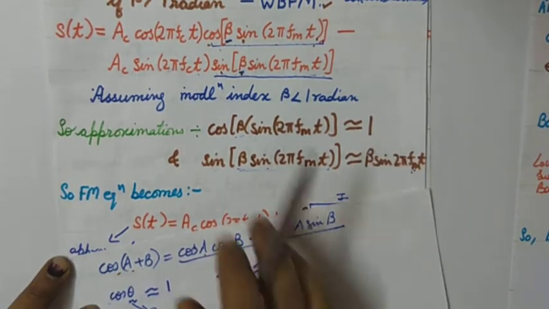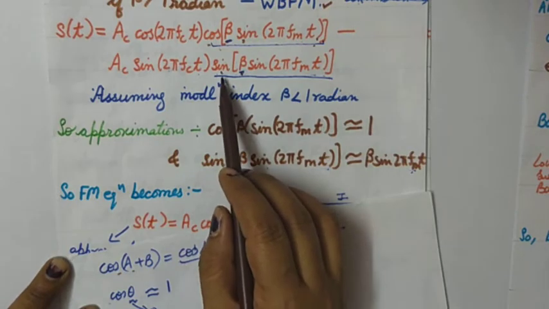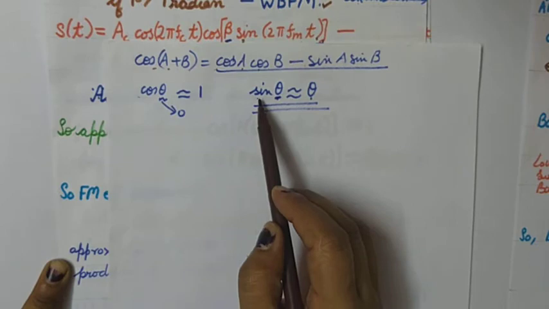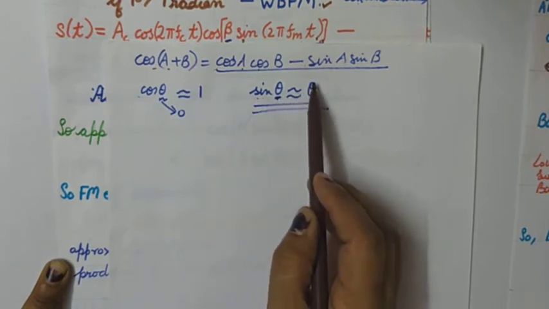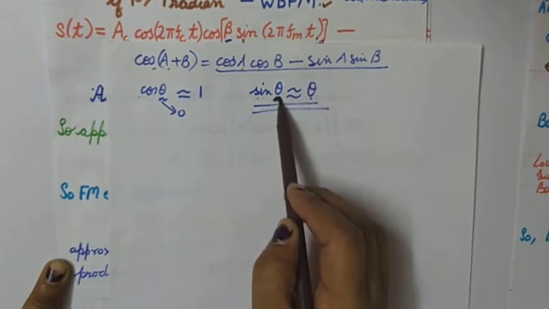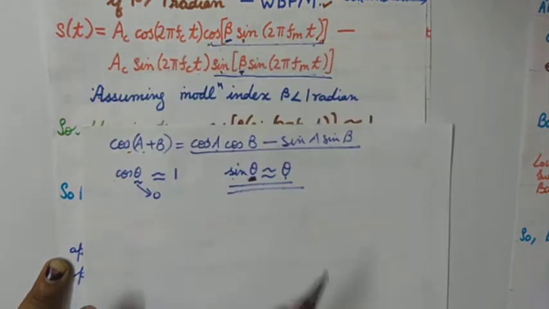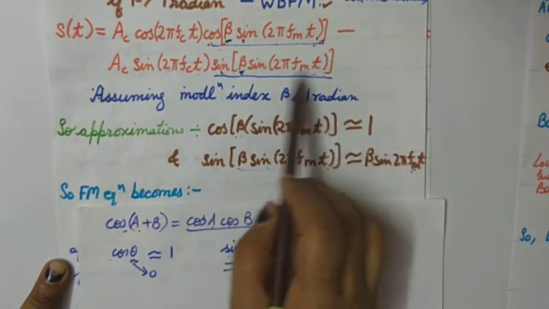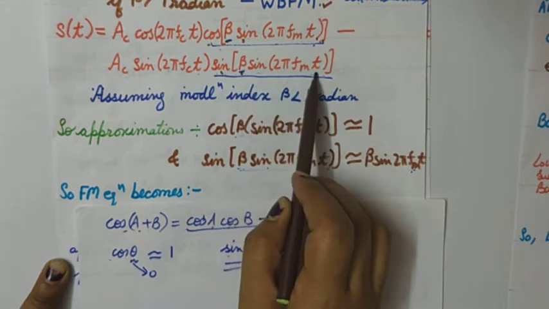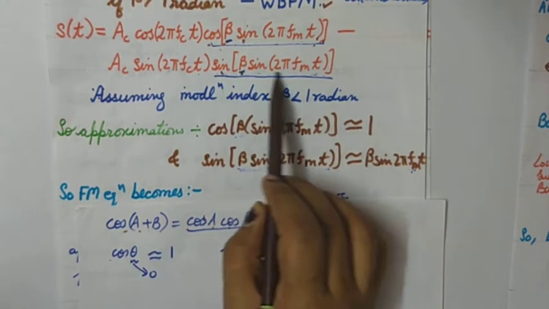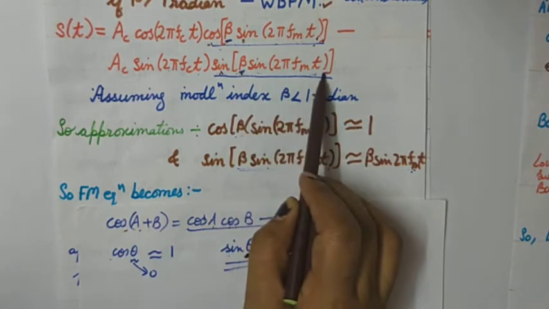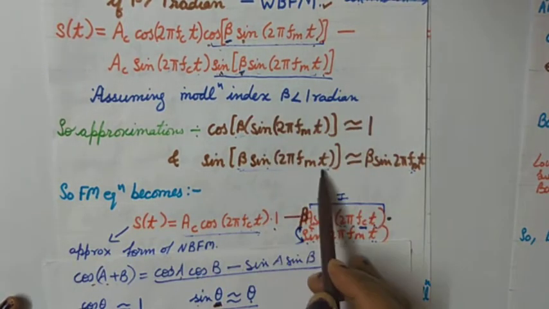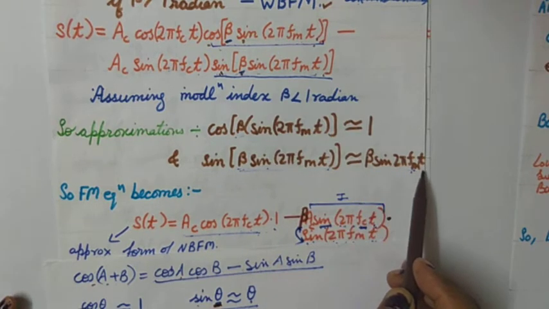And if the angle with sine is very small, the approximation in trigonometry is that sine theta reduces to theta when theta is very small. We are going to use this here: with sine, we have beta multiplied with this quantity, and beta is very small, so sine theta will be reduced to theta only. So beta sine 2 pi fm t will remain.